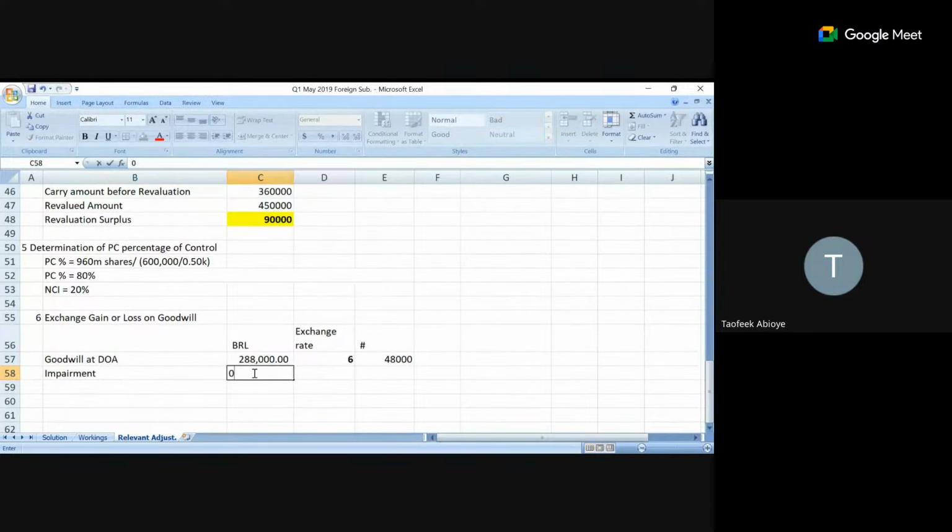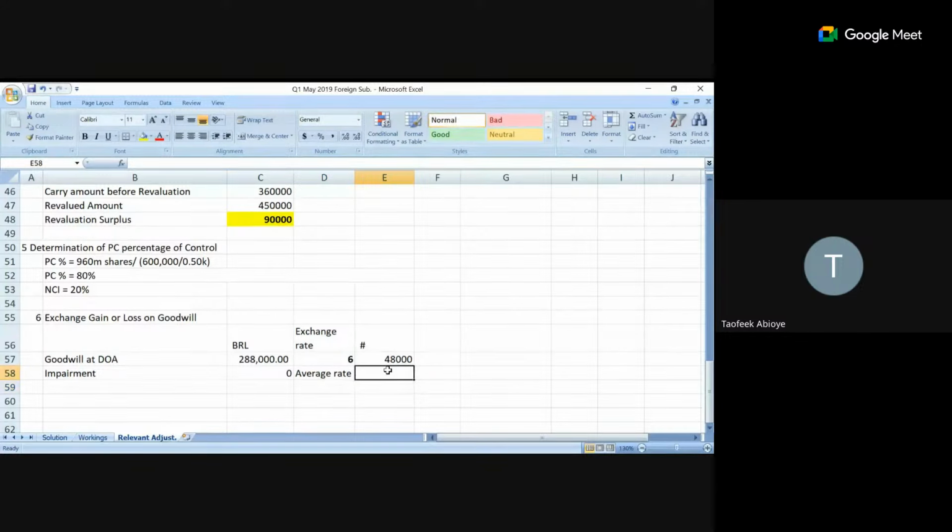There is no impairment in this question. Naturally, if you look at my format in the note I sent, when you are calculating exchange gain on goodwill, impairment must be at average rate. Do you remember that impairment is an item of P or L? And any P or L item must be translated at average rate.